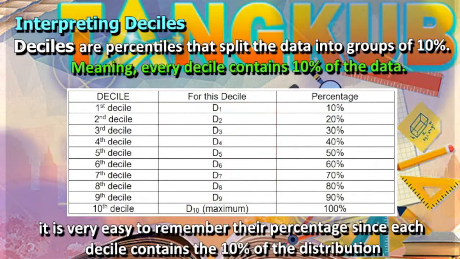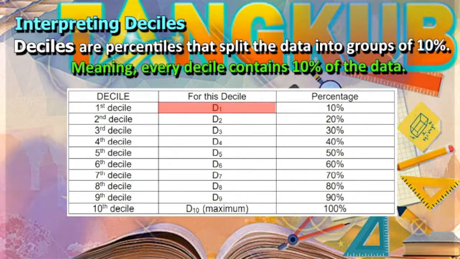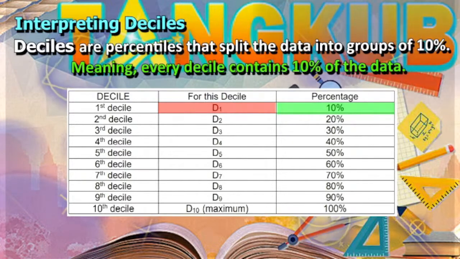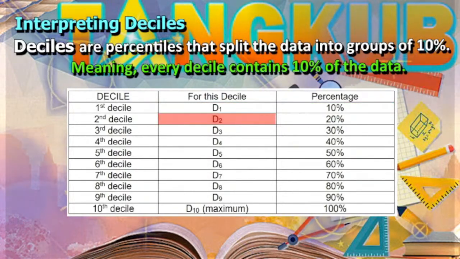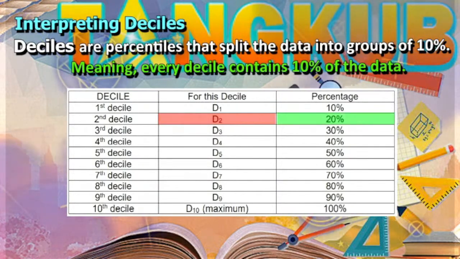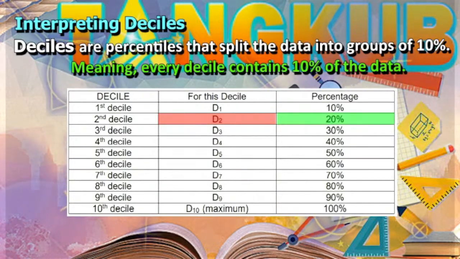It is very easy to remember their percentage since each decile contains 10% of the distribution. Hence, when we say decile 1 or first decile, it contains 10% of the distribution. When we say decile 2 or second decile, it contains 20% of the distribution, and so on.